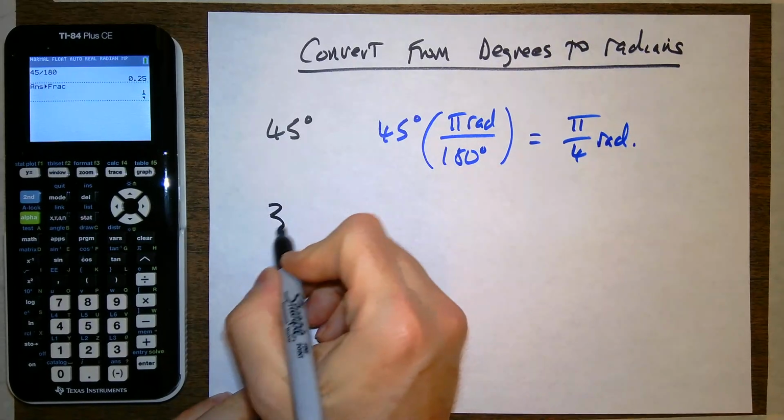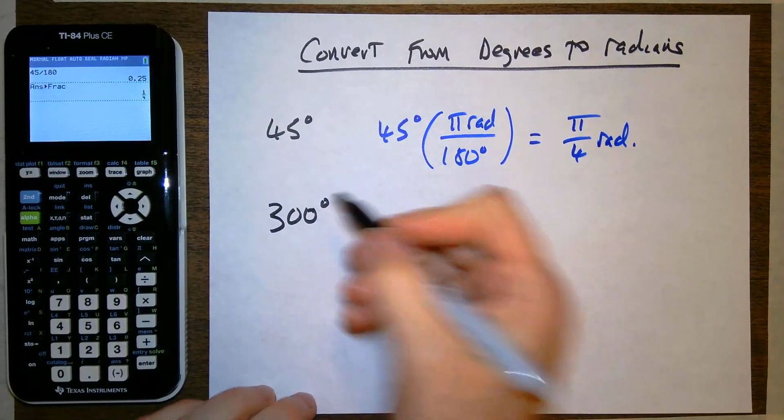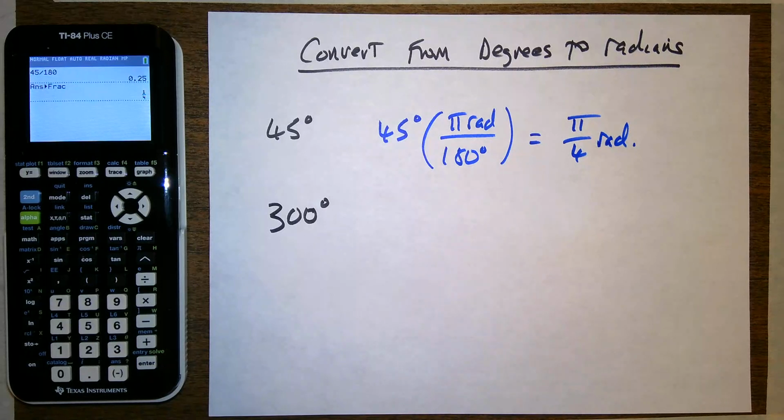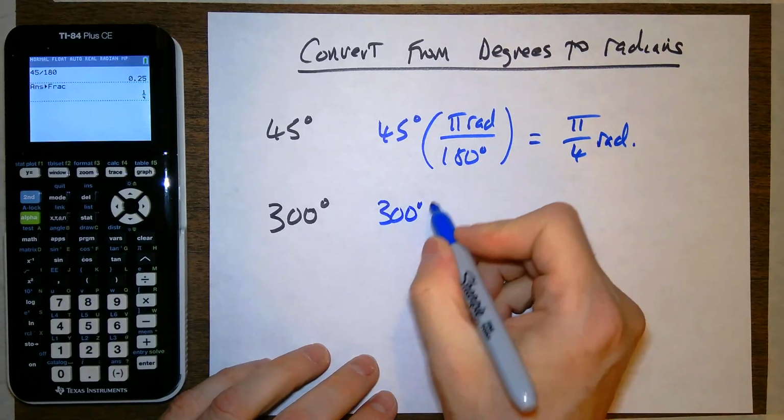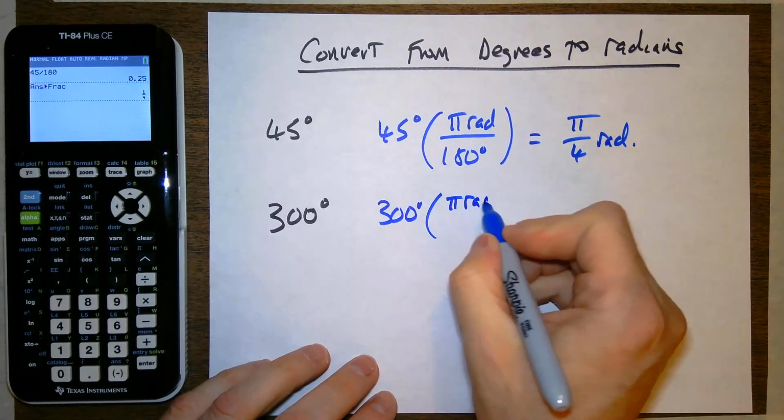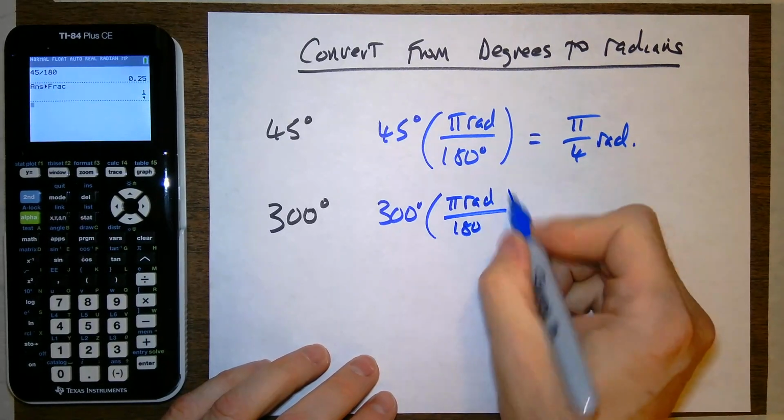All right, here's one for you to try. Try 300 degrees. I'll pause for a minute. You don't have to stop the video. Go ahead and convert that to radians. So 300 degrees times pi radians over 180.